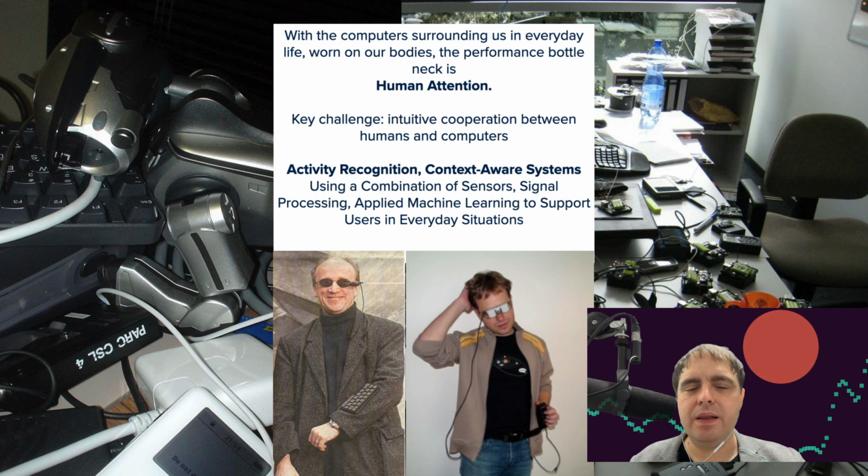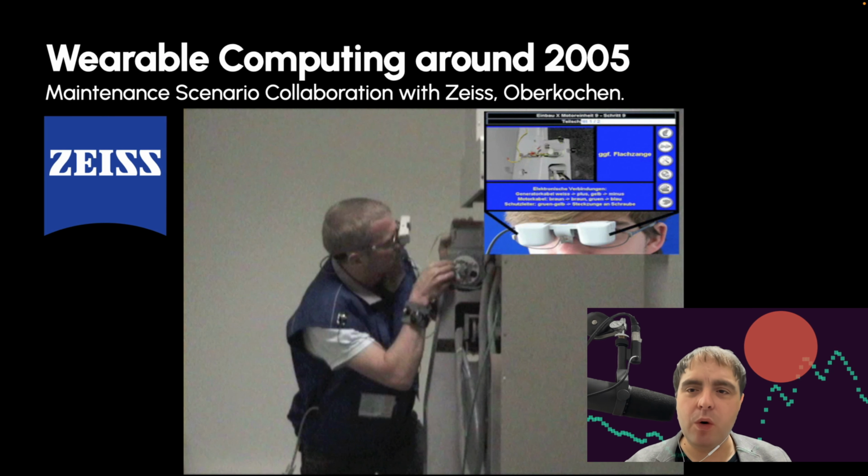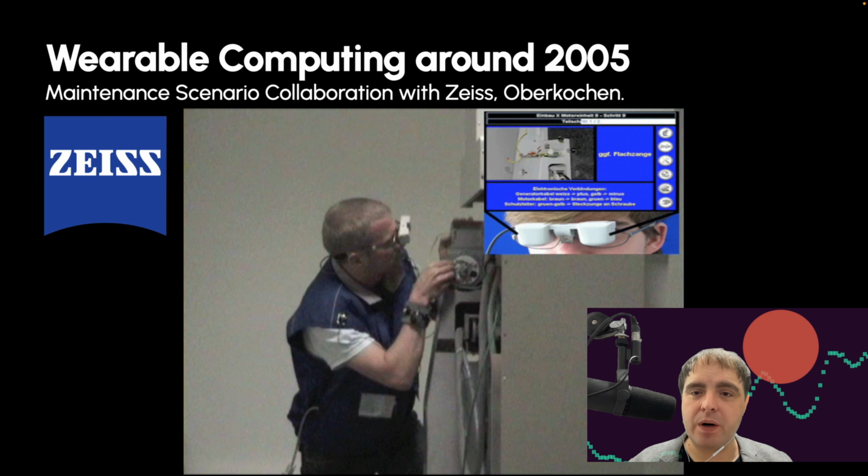So let's take an example to see how this could work. This is some old work that we did together with IEICE on a maintenance scenario for a worker to repair a machine.